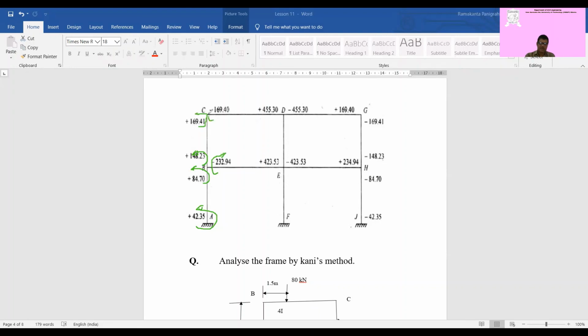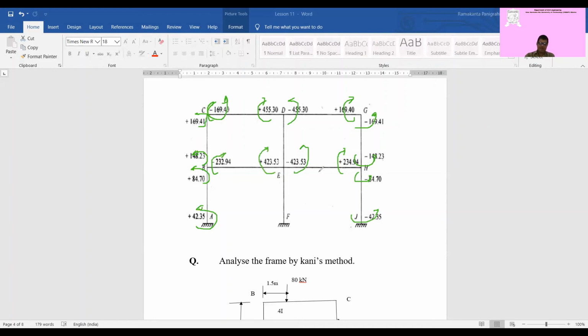Here it is anti-clockwise. Here it is clockwise. Here it is anti-clockwise. Here it will be clockwise. Here it is anti-clockwise. All are anti-clockwise.